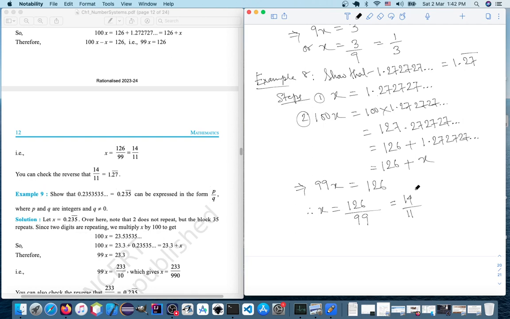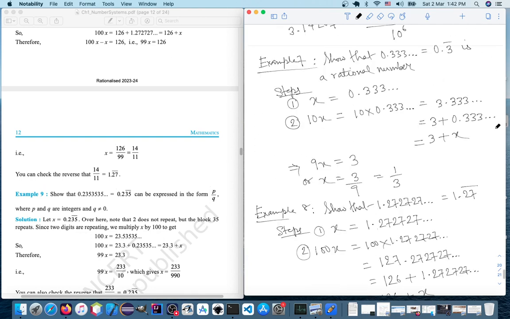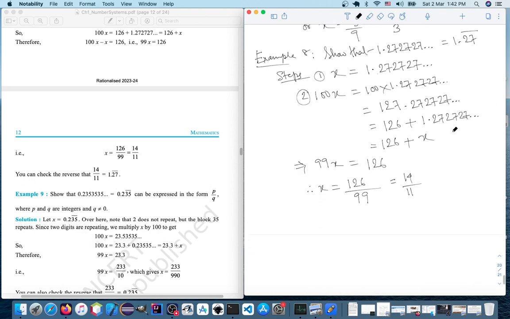So we rewrote 127.2727... as 126 plus 1.272727..., so that we can have x on the right hand side. So we got 126 plus x. Now we solved the equation 100x equals 126 plus x. From that equation we got x equals 126 by 99, which is 14 by 11.